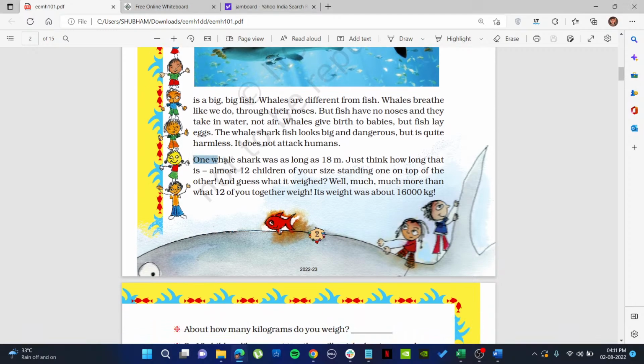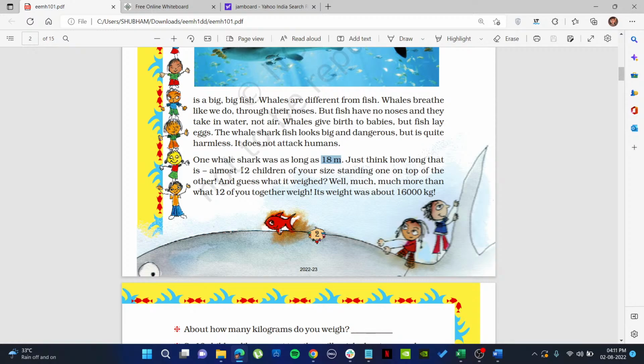Okay, one whale shark was as long as 18 meter. If we look into this number, which is 18 meter, which is quite big, 18 meter is equivalent to 12 children of your size.